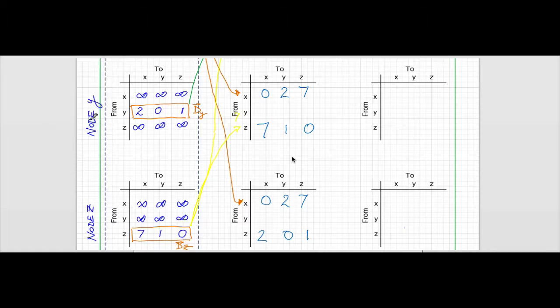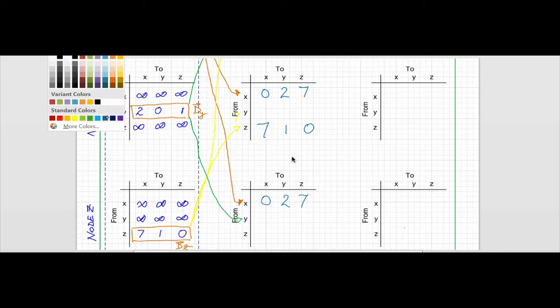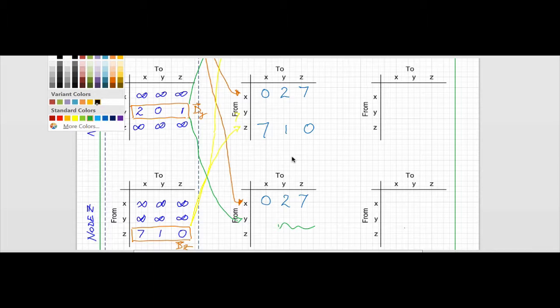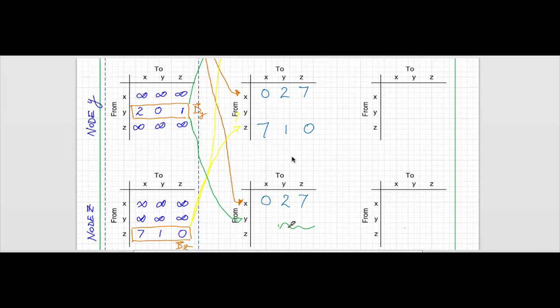So when Y sends its update, it's going to be sent to Z, right here. So 2, 0, 1 we have to write right there. So let me erase it from here, and we're going to put it over here. Change colors. There you go. Okay, and it's going to say 2, 0, 1.